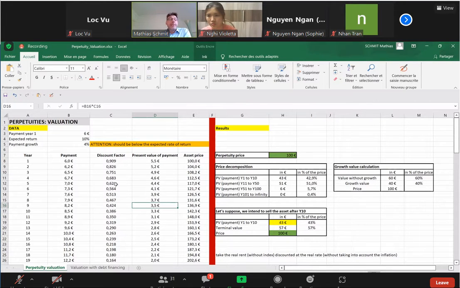You buy it for your investment, you get a rent, and the rent increases by 4% each year. What is the value? You value it like a perpetuity, because normally you can expect rents till infinity. But you can tell me, yes, but I want to keep my real estate for 10 years. I want to sell it after 10 years. You value it like this, and then you will get exactly the same price.